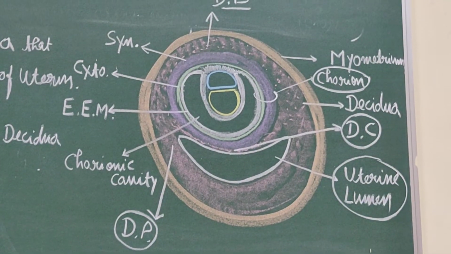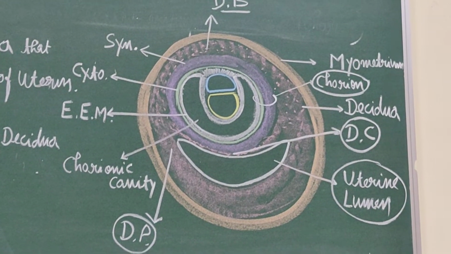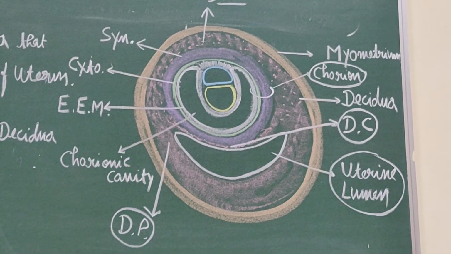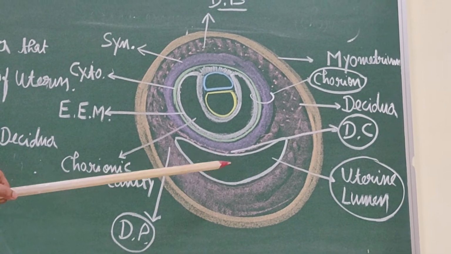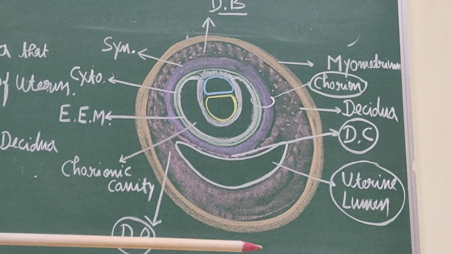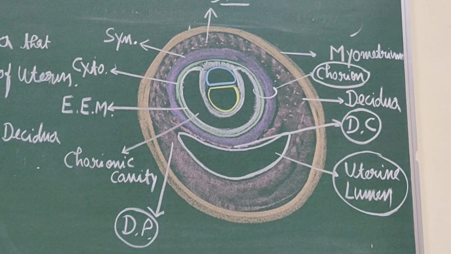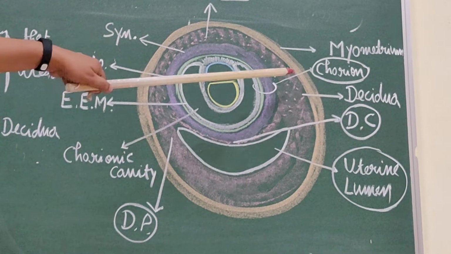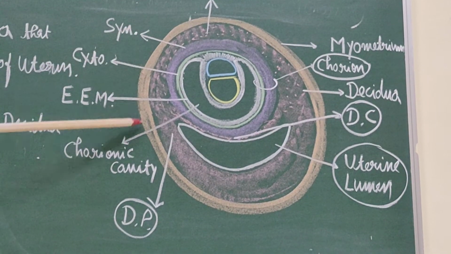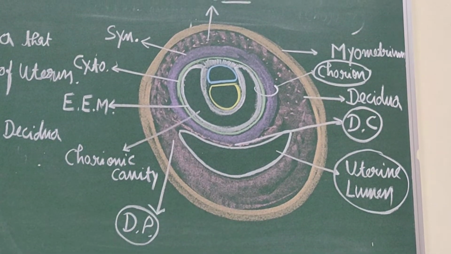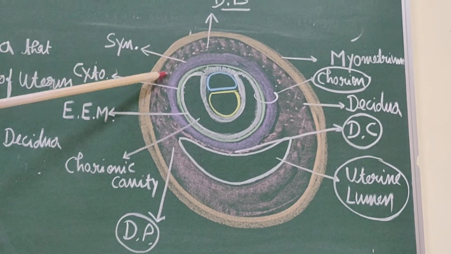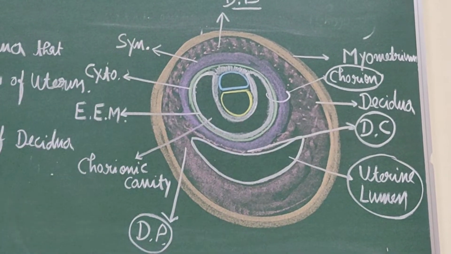As we know, the uterus is a thick muscular hollow viscus, so it has a cavity, and this cavity has a lumen, the uterine lumen. This represents the myometrium layer, and this is the endometrium, that is the decidua.